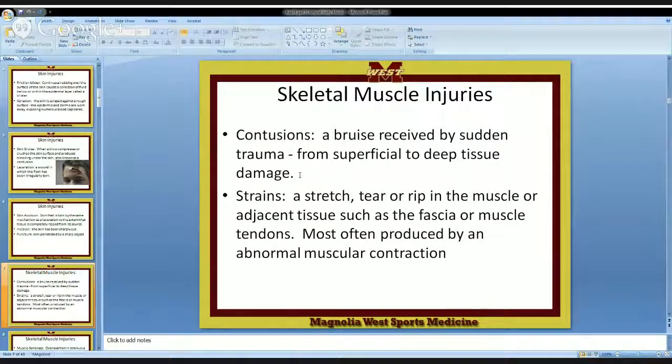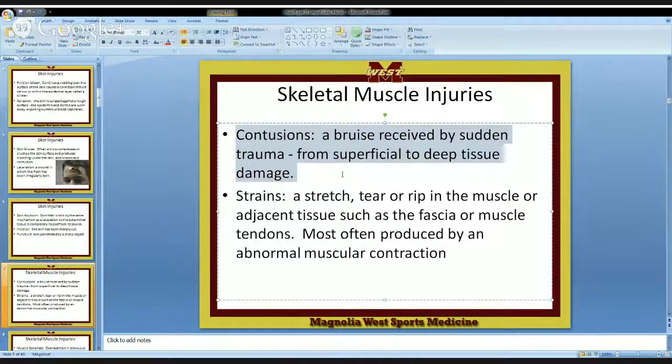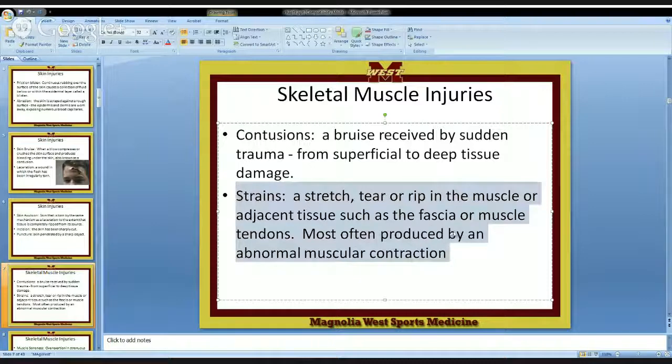All right, let's go to number 7. Okay, it's a bruise received by sudden trauma from superficial to deep tissue damage, contusion. All right. Still on number 7, you know the definition of strains right there. Now, remember, strains has the letter T in it. T stands for tendon. So, know the difference between strain and sprain.